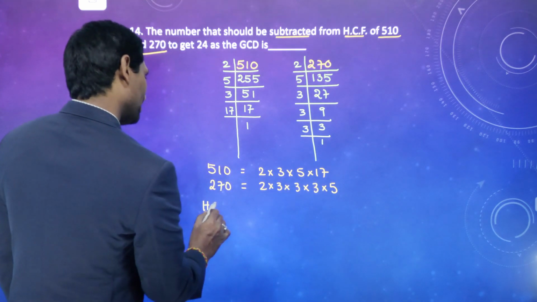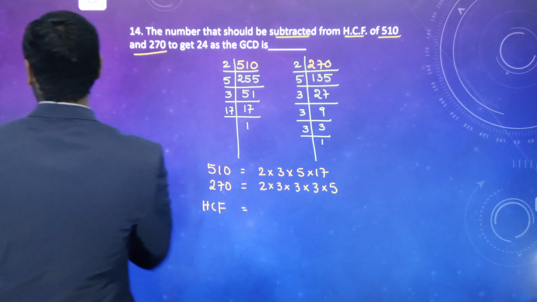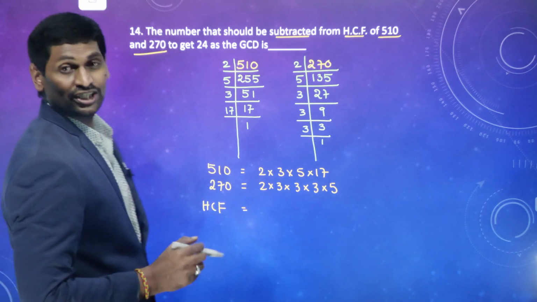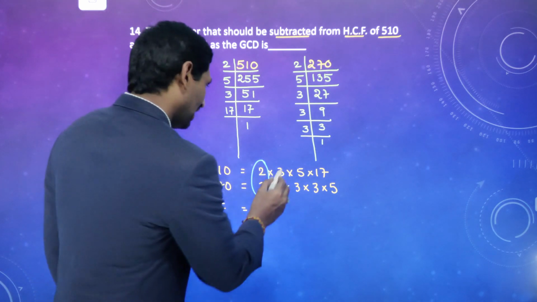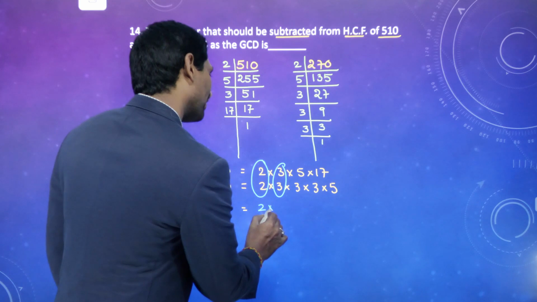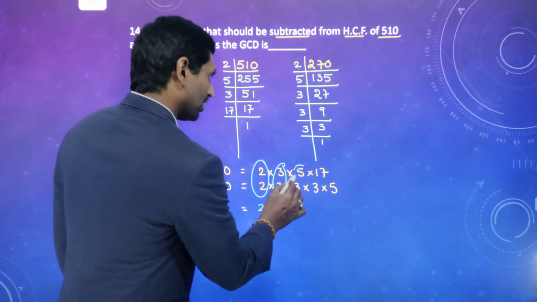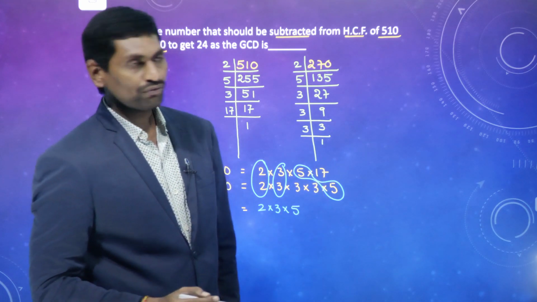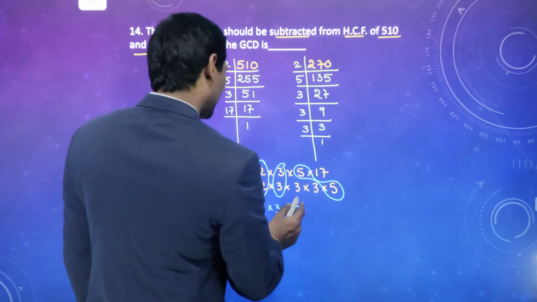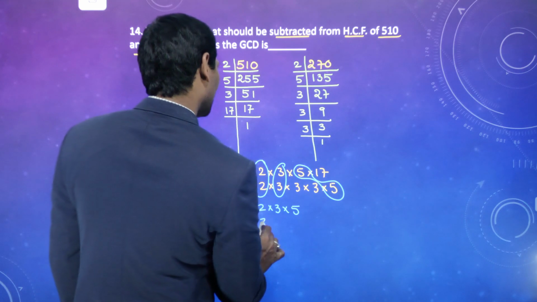So HCF means only common factors. We need to find only common factors. 2 is the first common factor, and 3 is also one of the common factors, and 5 is also one of the common factors. So 2 into 3 into 5. 2 3s are 6, 6 5s are 30.